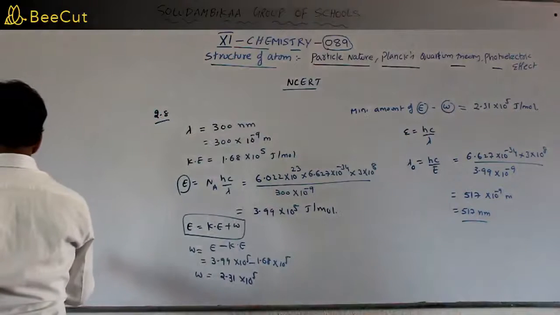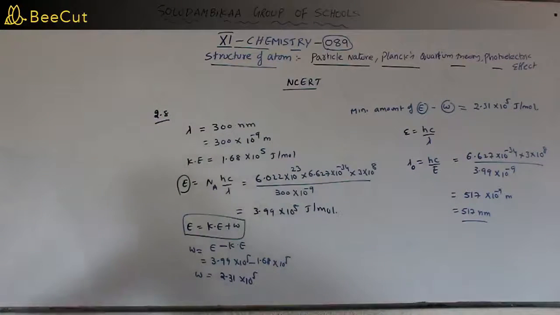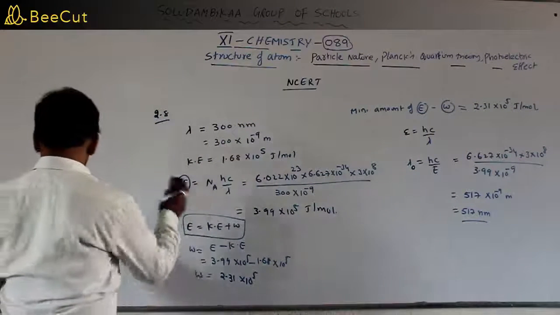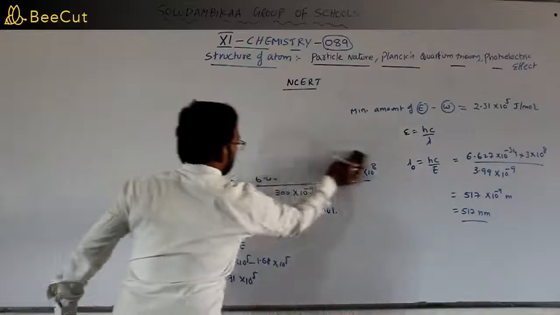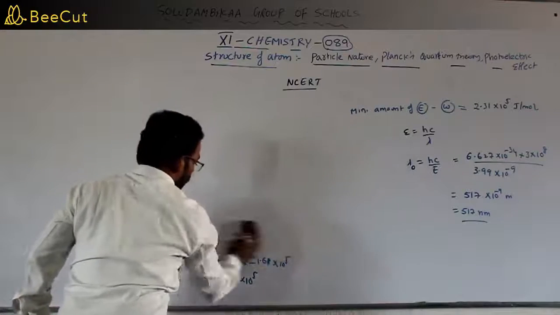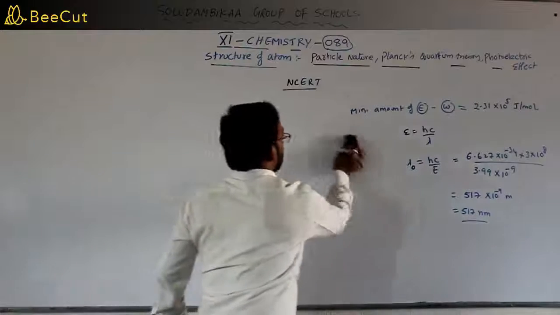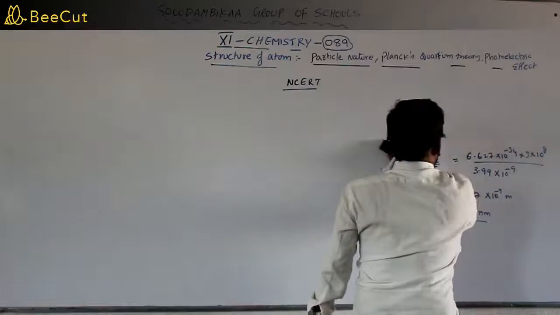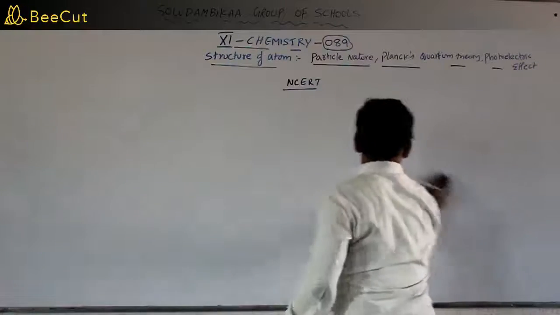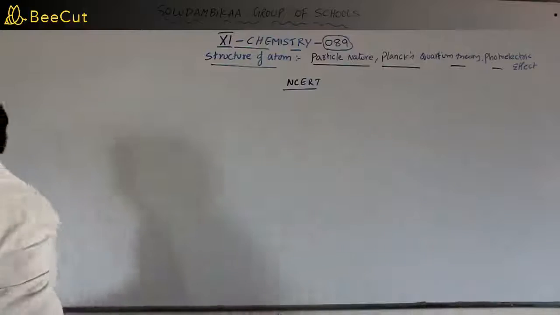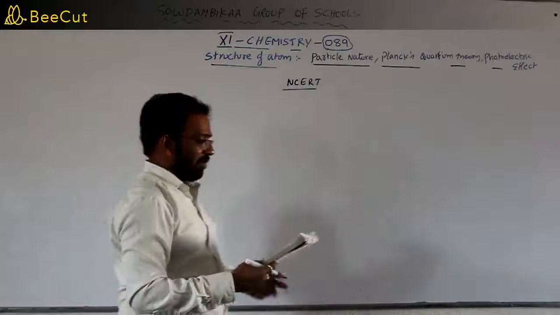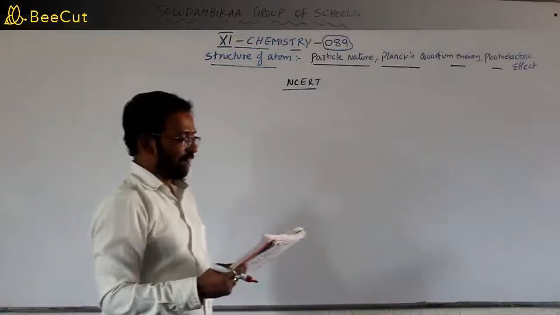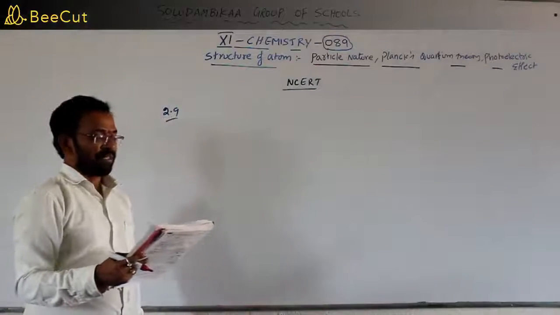Question number 2.9. Another in-text question 2.9 also relates to the photoelectric effect. The threshold frequency nu naught for a metal is given as 7 into 10 power 14 per second.